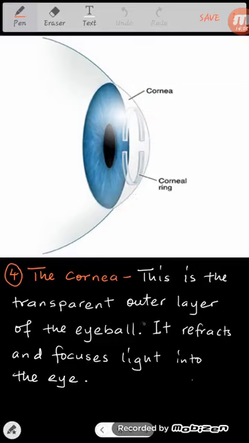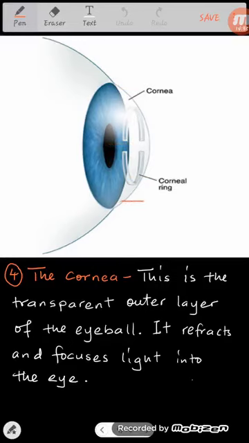Now, this cornea is the transparent outer layer of the eyeball. What you understand as well is the fact that the cornea refracts and focuses light into the eye. So when light is hitting the surface of the eye, the cornea focuses that light so that it can enter into the pupil.